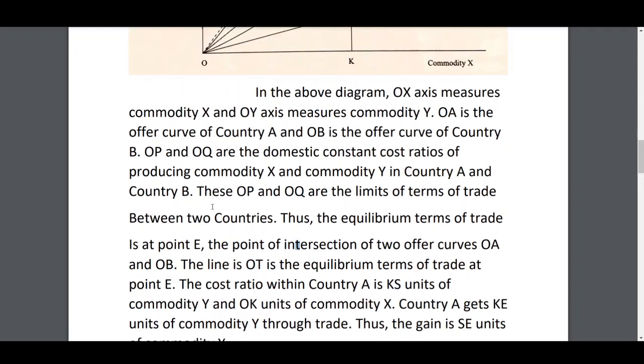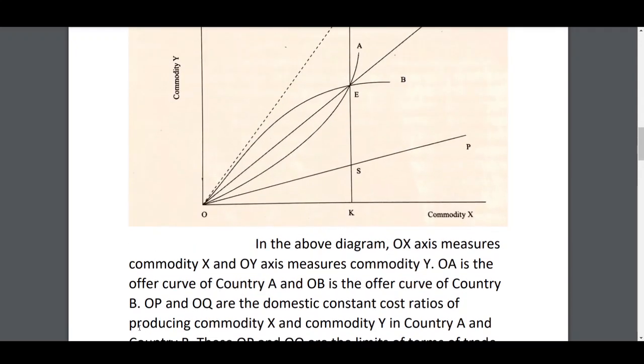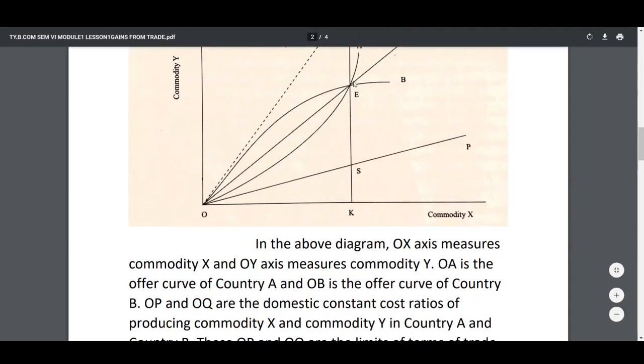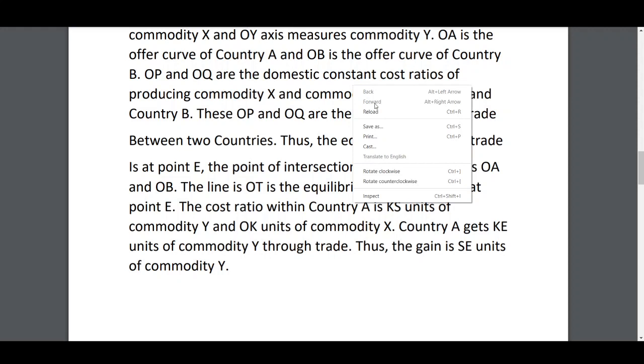We can see in the above diagram the line OT in the middle. That shows what? Equilibrium terms of trade. The two offer curves OA and OB are intersecting at point E, and point E is the equilibrium terms of trade.